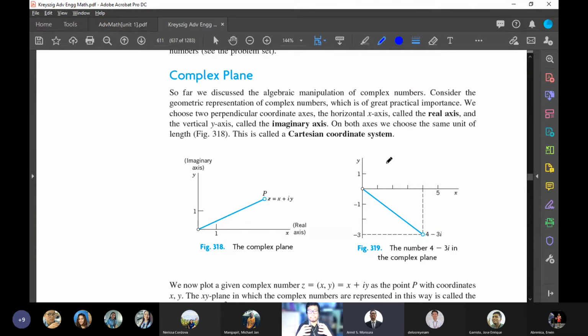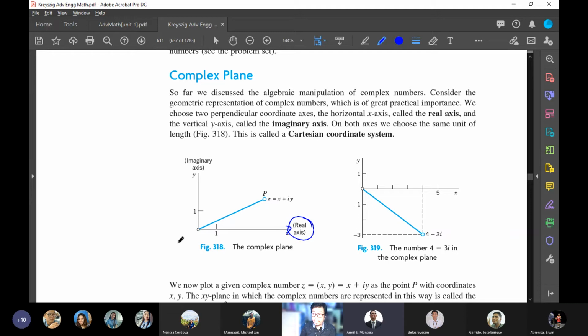By putting them in a coordinate system, we will be able to extract some important properties of complex numbers, which will later be very important in some applications. First, we will modify your Cartesian coordinate system so that the horizontal axis depicts the real axis.